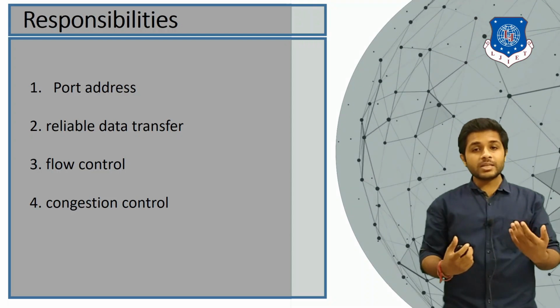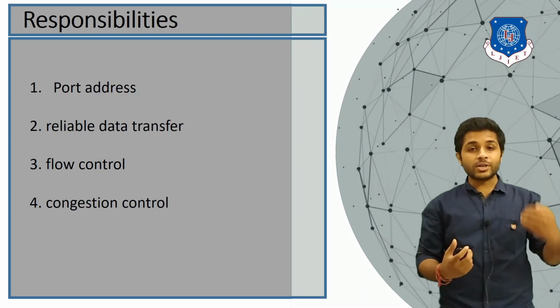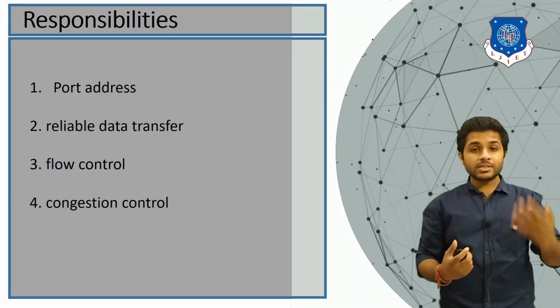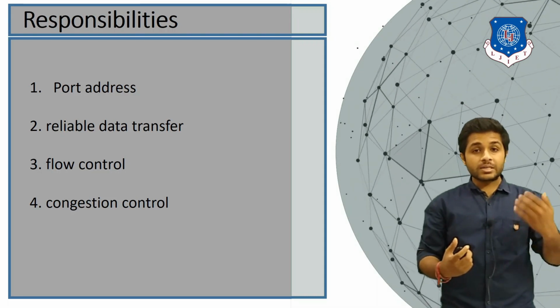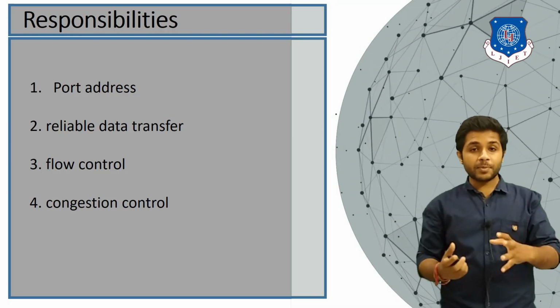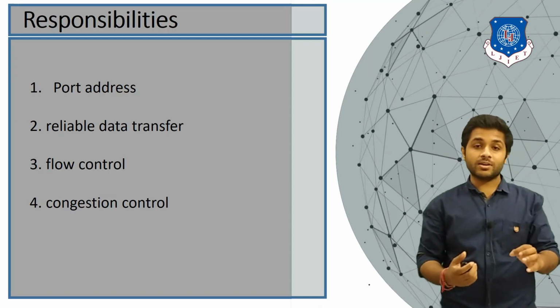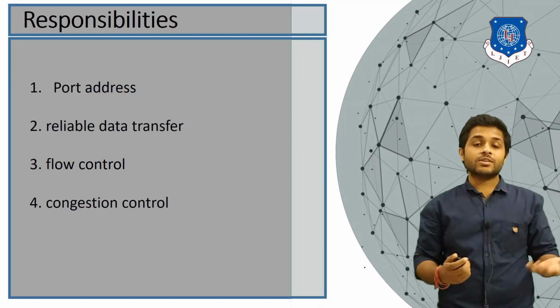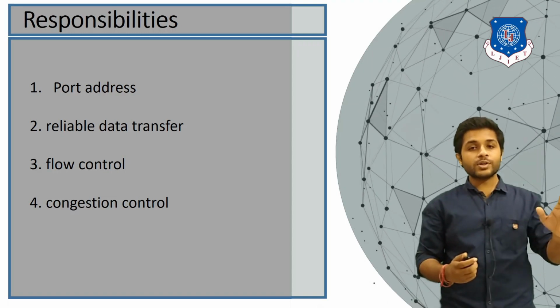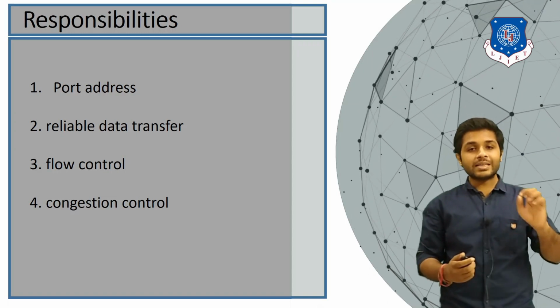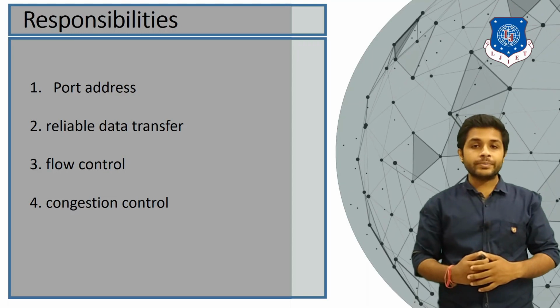So flow control means that the sender should know the capacity of the receiver, at which rate the receiver can receive data appropriately, and the sender should send data at that particular rate so that no data is lost. We will see some protocols in the transport layer that take care of flow control.